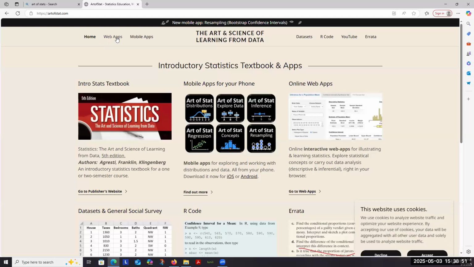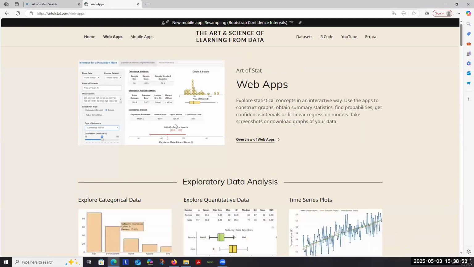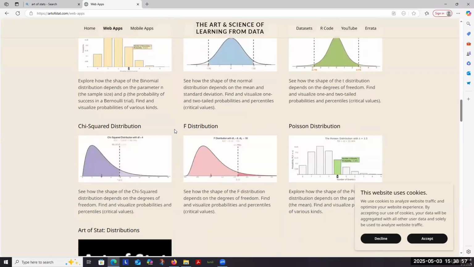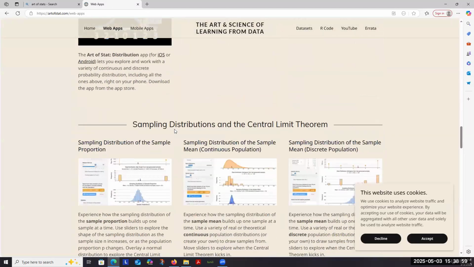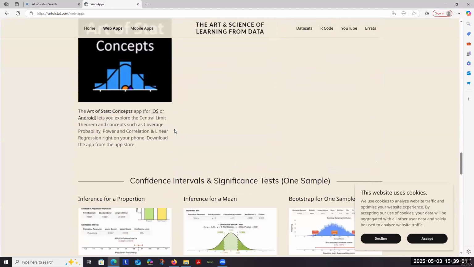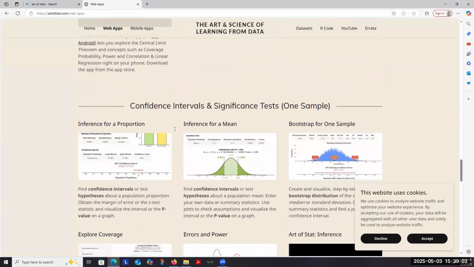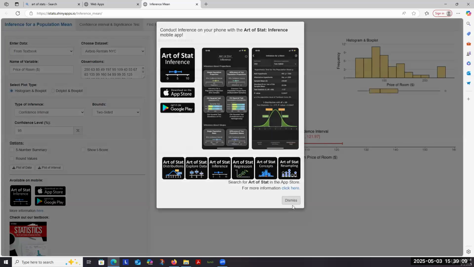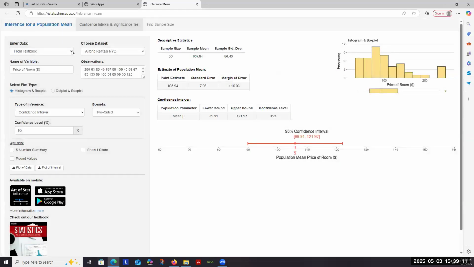So again, ArtStat. Go to the same place, confidence interval. That's it, confidence interval. Again, we are in the briefcase. Summary.